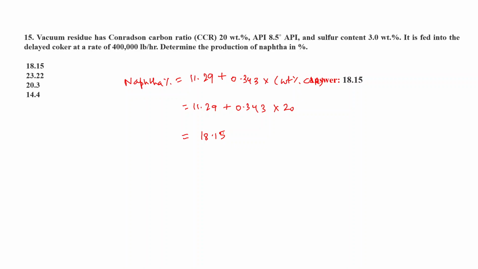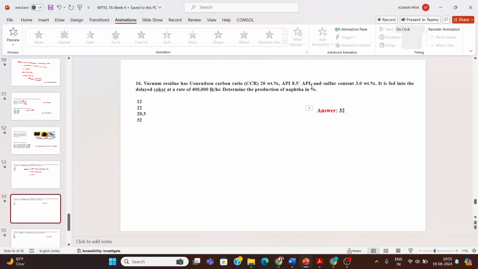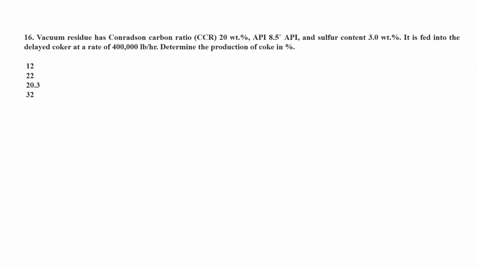Something is missing. Production of coke, basically, it will be. Sorry for this inconvenience. So the question here is changed. It is the production of coke in percentage.